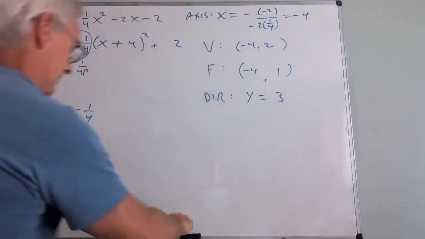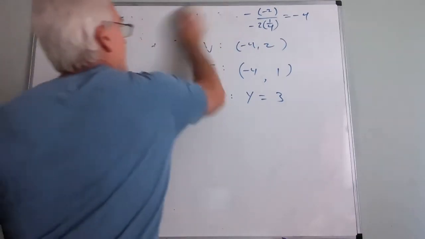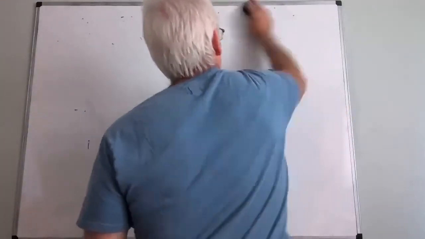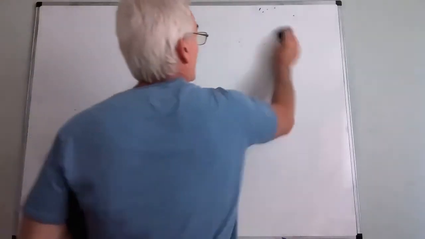Now let's do the flip side. Let's do one where we have some information and we're going to figure out the equation, because it's really the only other thing we can do with a parabola.